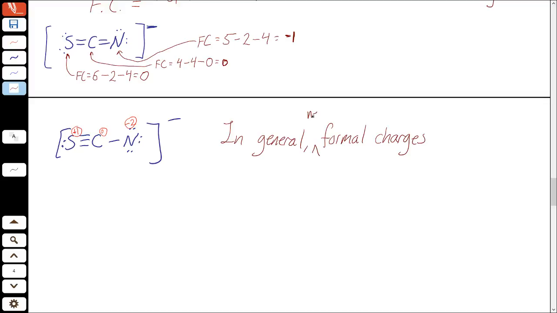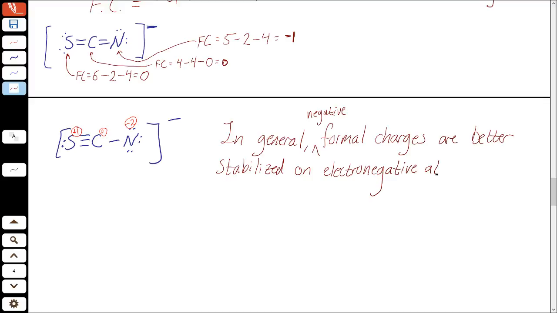In general, negative formal charges are better stabilized on electronegative atoms. This actually breaks down a little bit in the example that we just had, so that's why we're not going through it that way, but we'll do another example in a second.